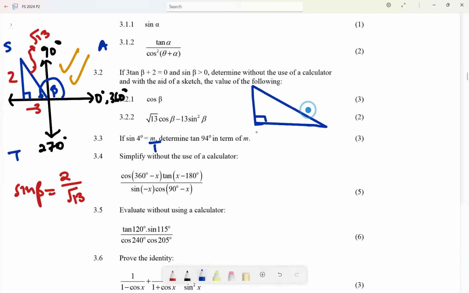That is your 4 degrees, your angle. Then opposite. Remember, sine is opposite divided by hypotenuse. Then how do I get this?